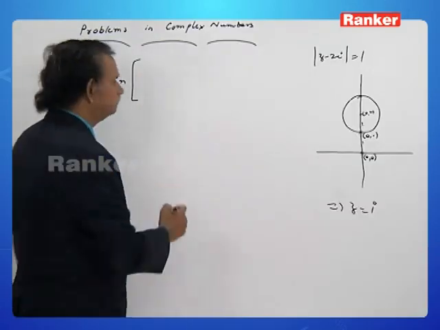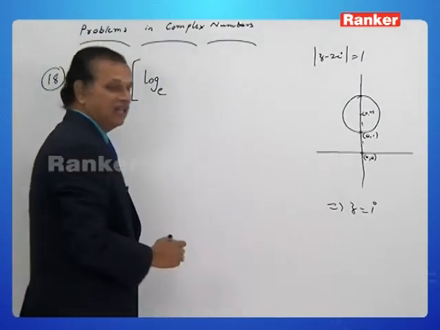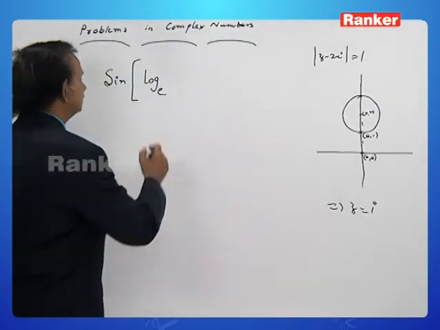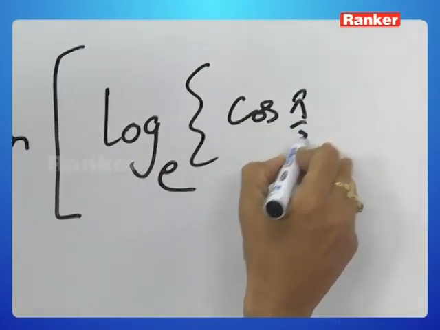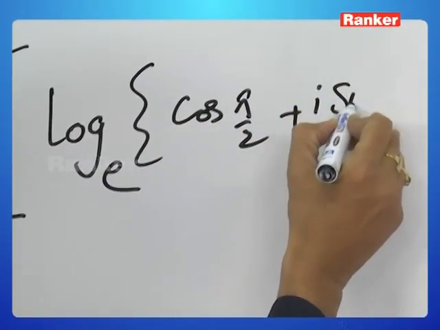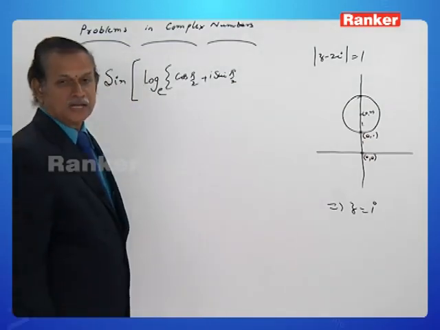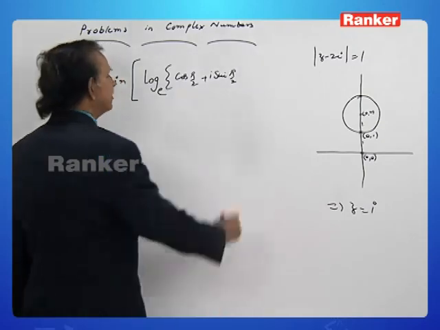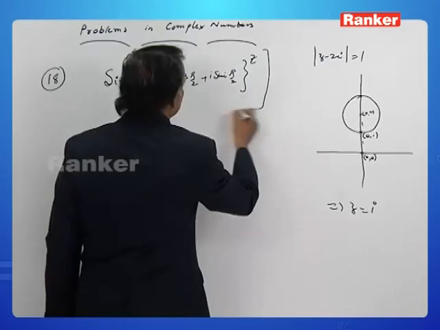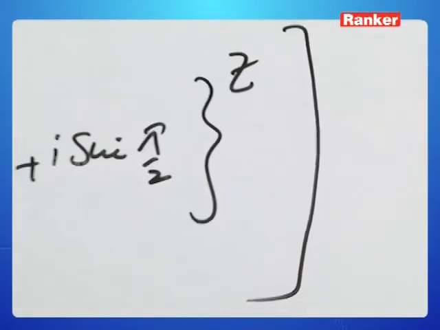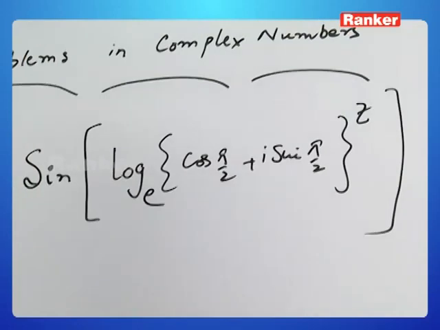Sine of log to the base e of cos pi by 2 plus i sin pi by 2 whole power z. That is the expression given.